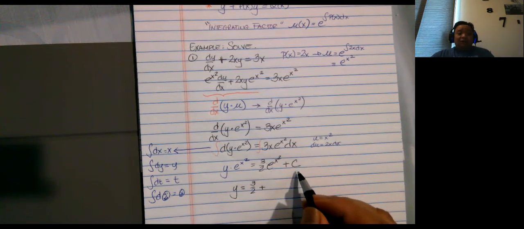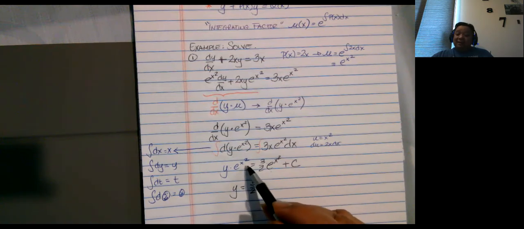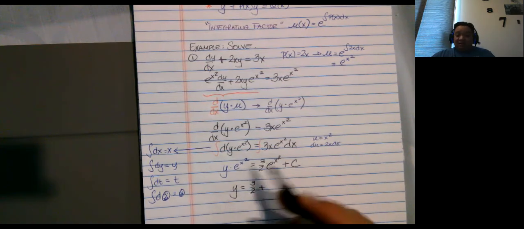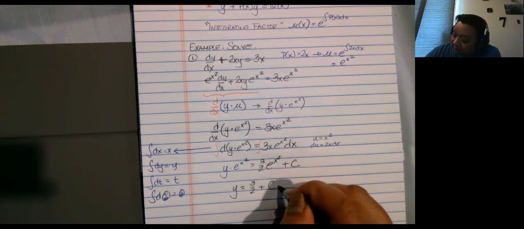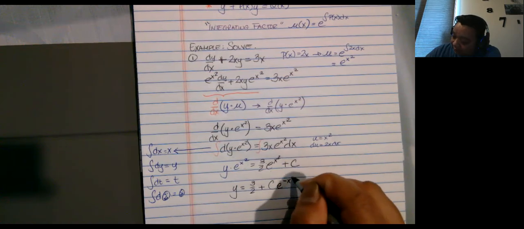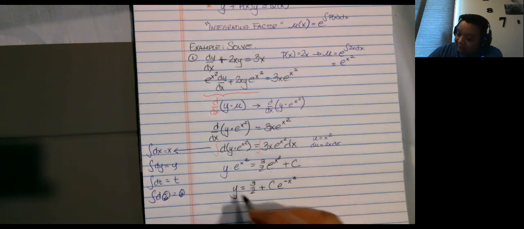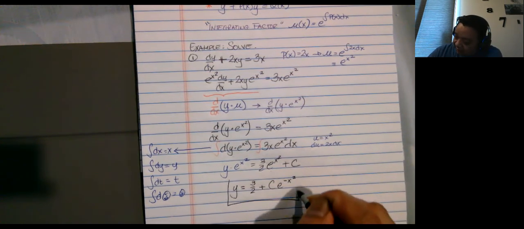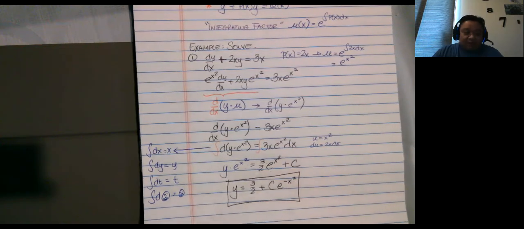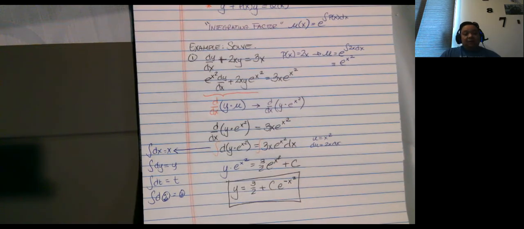And then they call this another constant, which it's not because you're dividing by a function. This is not a constant. So this is c e to the negative x squared. And so this turns out to be your final answer. Any questions on that?